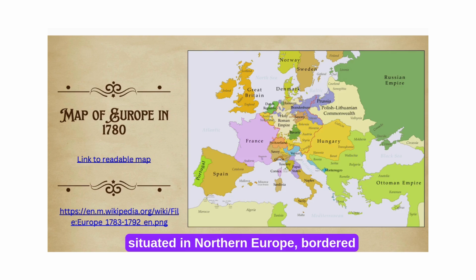Sweden, situated in northern Europe, bordered by Norway to the west, Finland to the east, and the Baltic Sea to the south. Poland-Lithuania, a large state in Eastern Europe, bordered by the Holy Roman Empire to the west, Russia to the east, and the Ottoman Empire to the south. Understanding the relative locations of these countries will help us better grasp the geopolitical dynamics of the time.